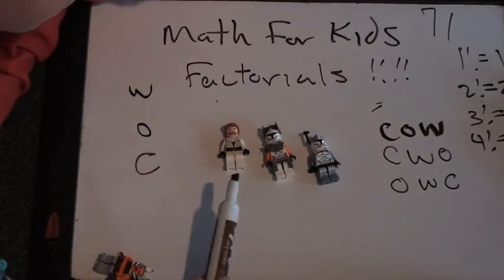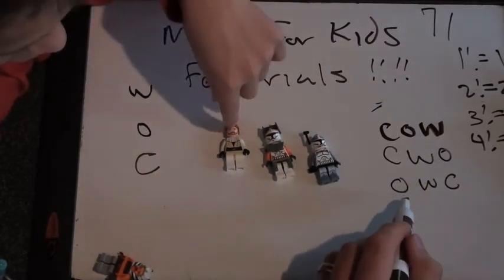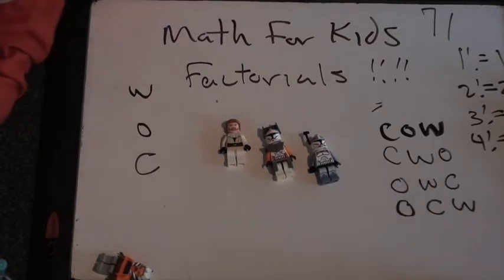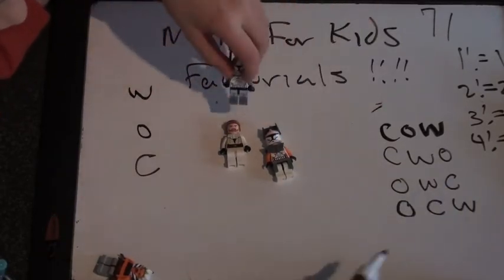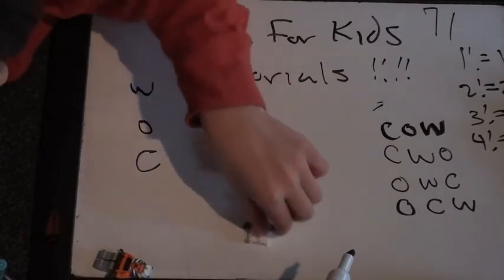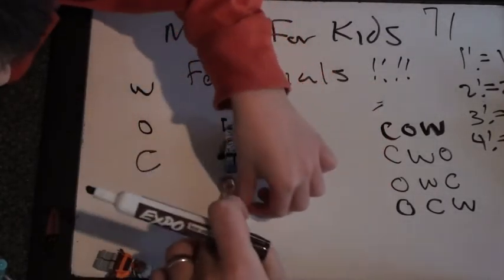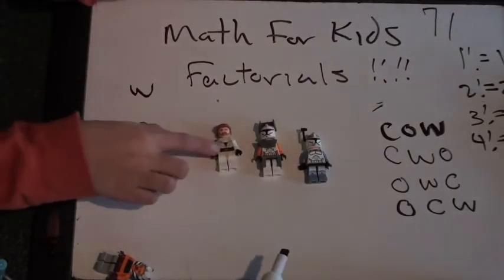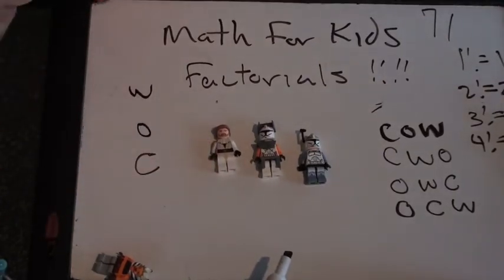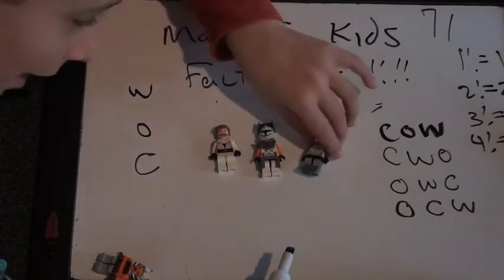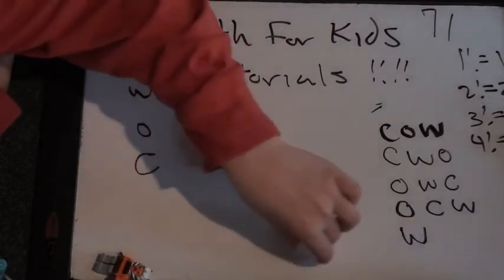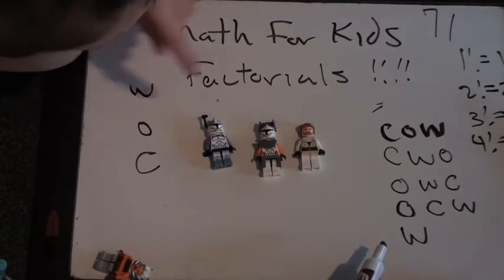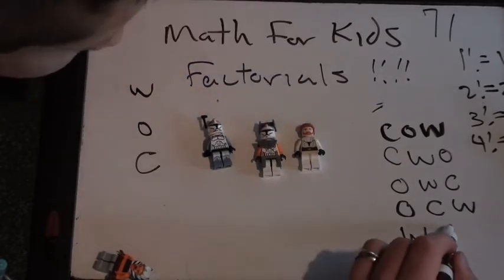This arrangement is OCW. Can we do anything more with Obi-Wan first? No, we can't. So I have to do the Wolfpack guy first. What is this arrangement? It's WCO.